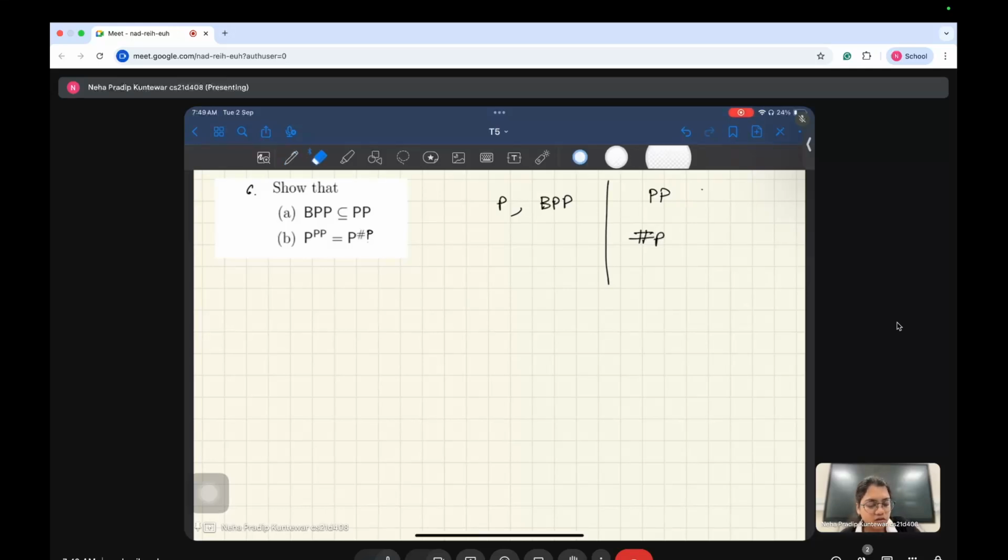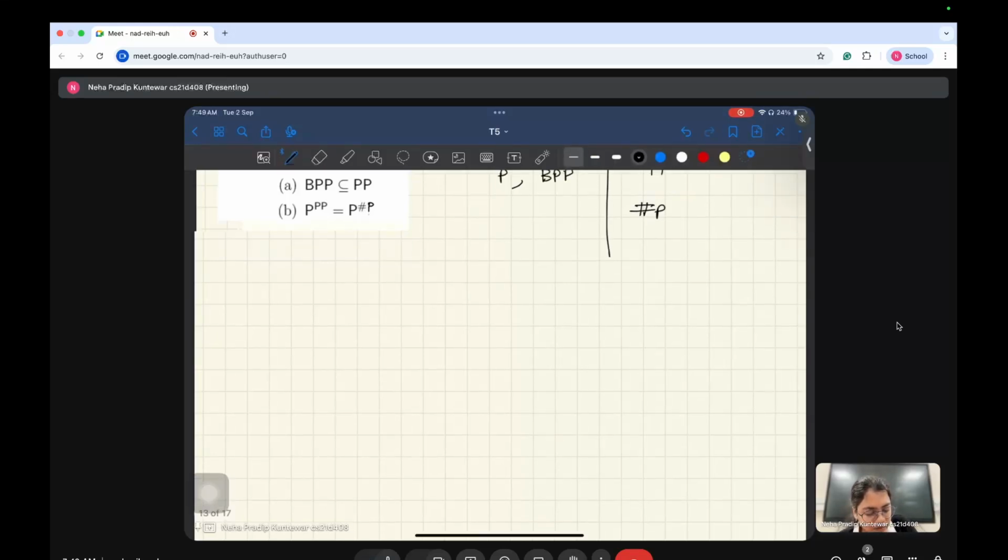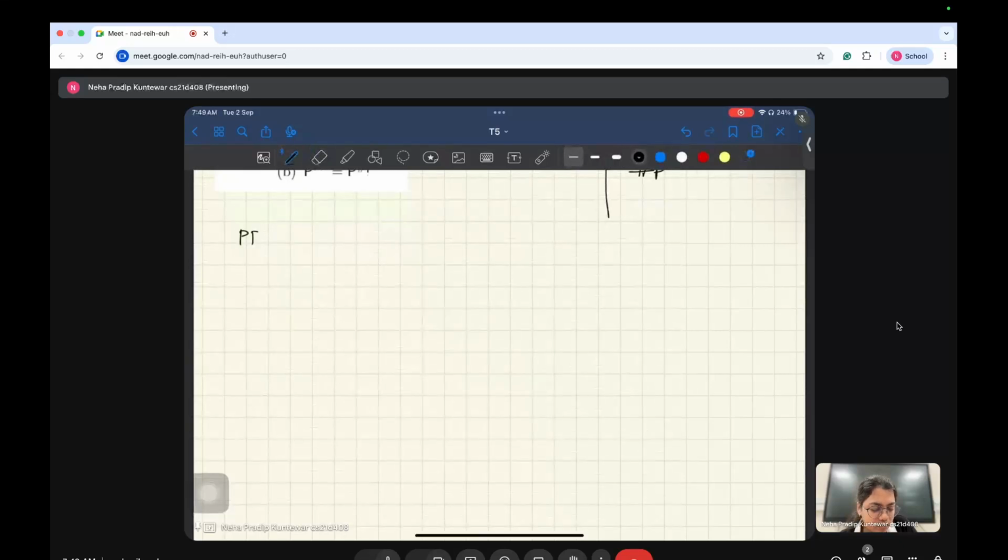So what is the class PP? PP stands for probabilistic polynomial time. What is the definition? When do you say that a language is in PP?